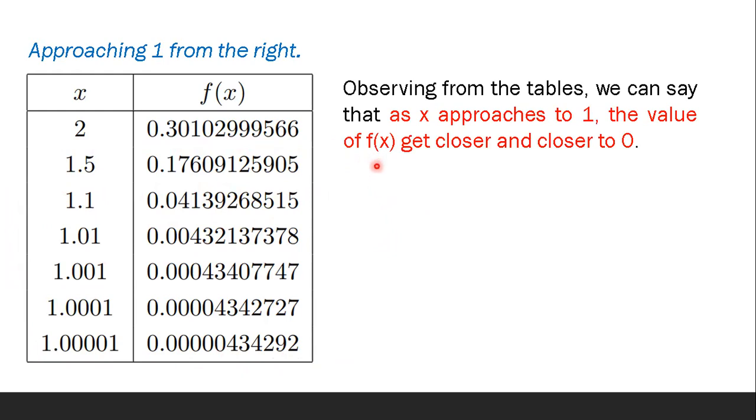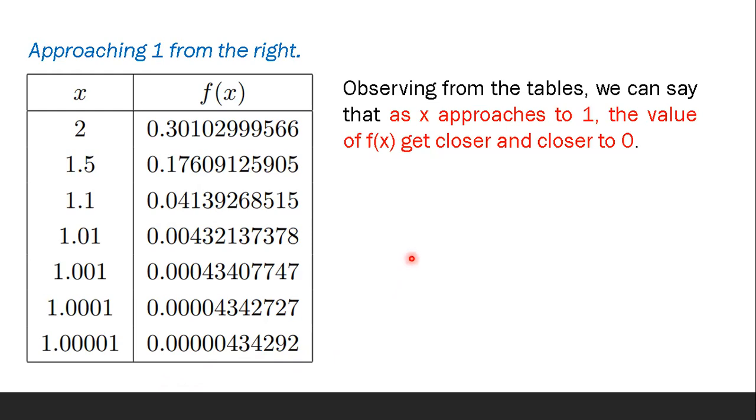Observing from the tables, we can say that as x approaches 1, the value of f of x gets closer and closer to 0. From our first one-sided limit from the left, and this other one-sided limit from the right, they are equal, therefore our limit exists.